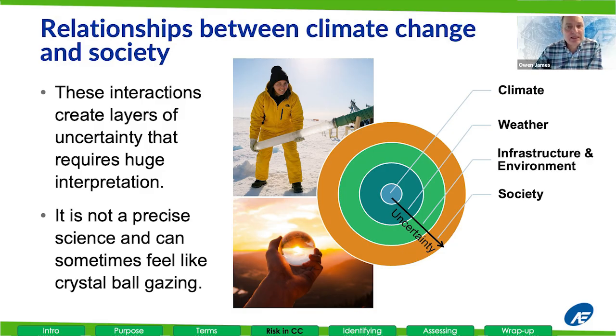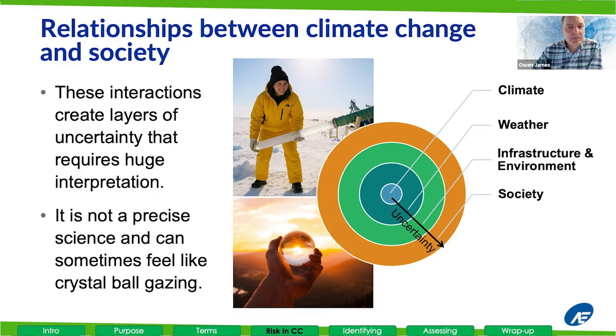So hopefully we get this sense of the relationship here: we know that the climate is changing, we know that climate impacts weather, and that weather impacts infrastructure and the environment. It may impact us directly, but the impact on the environment and the infrastructure ultimately impacts us.